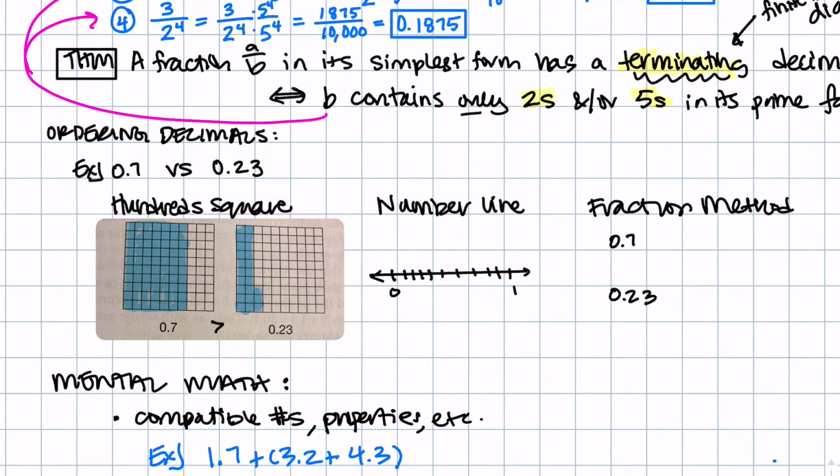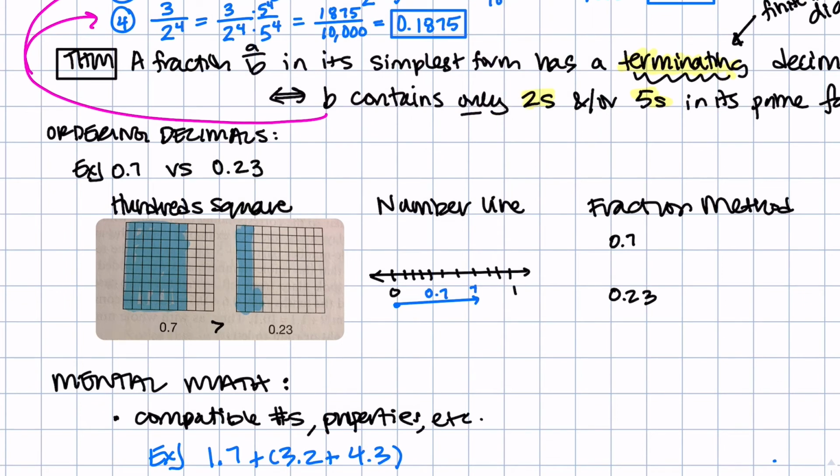Another one is looking at the number line. If I want to represent 0.7 on a number line, I would just go out 1, 2, 3, 4, 5, 6, 7. So this should be about 7, and this would be 0.7.